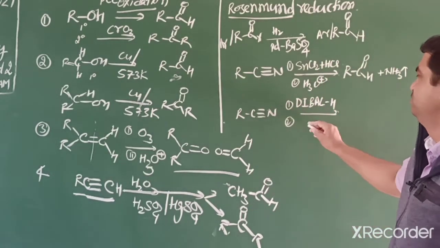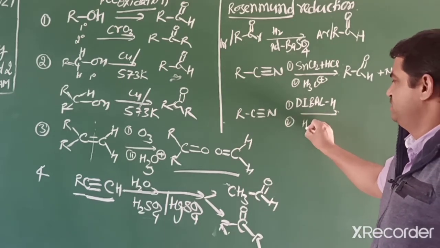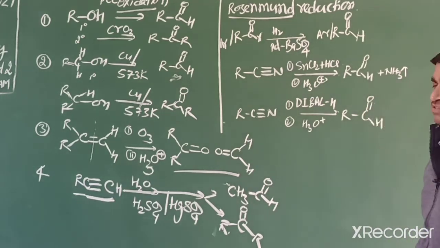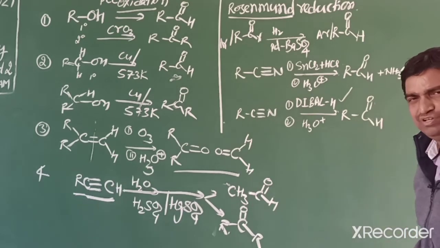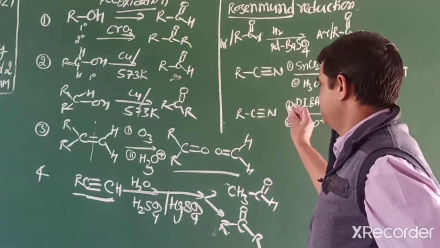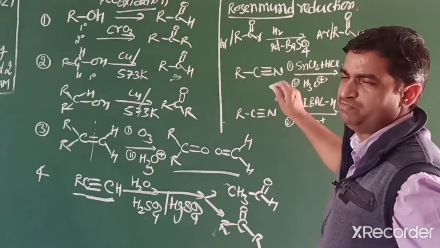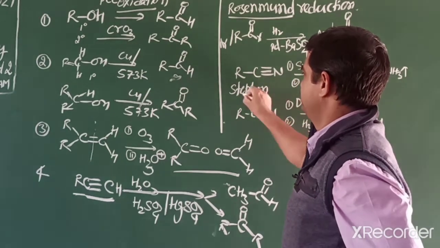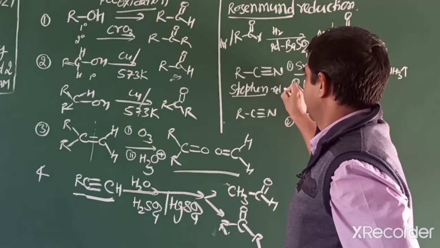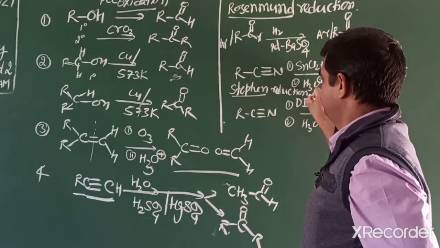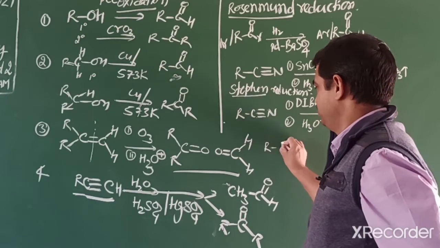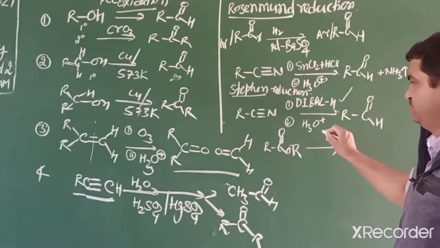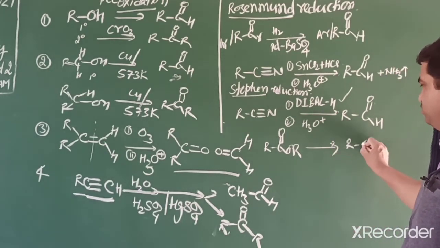First imine formation, and second step hydrolysis, then the product is aldehyde. This reagent is a better, controlled reducing agent, with better yield than Stephen reduction. From ester also we can prepare using the same reagent, diisobutyl aluminium hydride, further hydrolysis, and it changes into aldehyde.